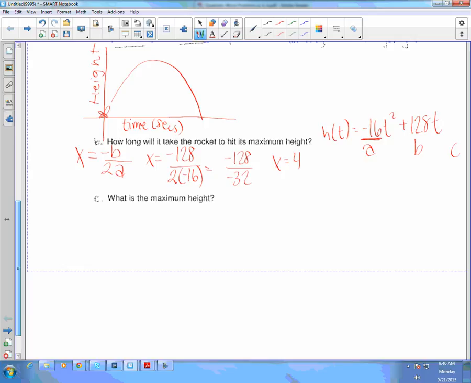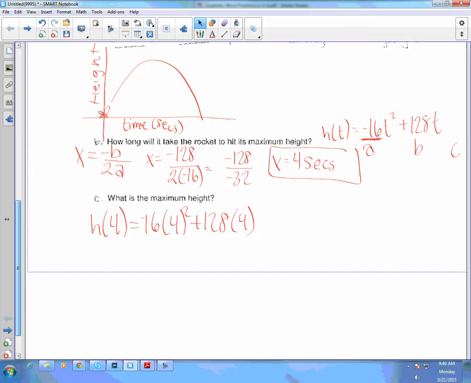So it's what? Seconds. How do you do part C? You take 4 and do what with it? Put it wherever there is a T. Plug it in. And then make sure you have a unit. Okay, that's how you do all of the problems.